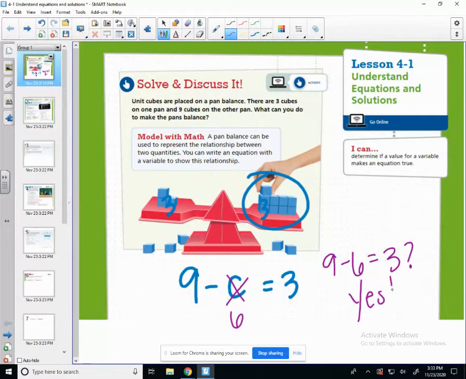Yeah. That's how I know that if I take away 6 of these cubes, 3, 4, 5, 6, I would only have 3 cubes left. And then are my sides of my balance going to even up? Yes, they sure are. Go ahead and turn the page.